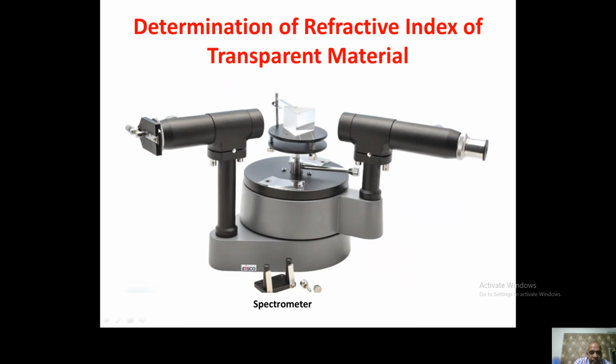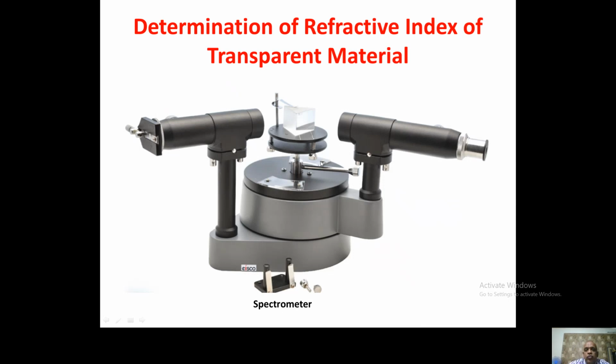This portion is a slit, through which light passes through the collimator. This is the telescope. This is our prism table, and with the help of these screws, one can level this prism table. There are two windows, this is window 1 and this is window 2.